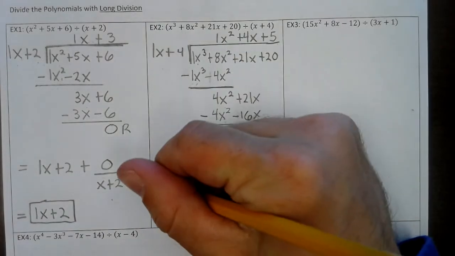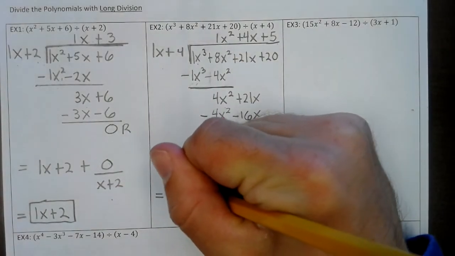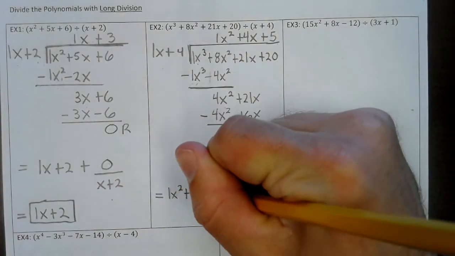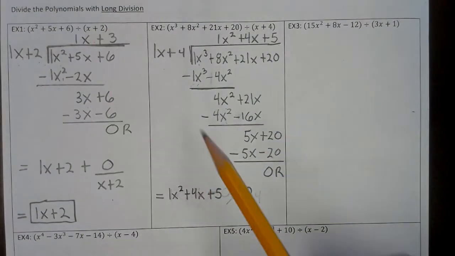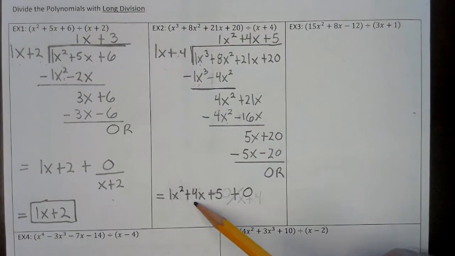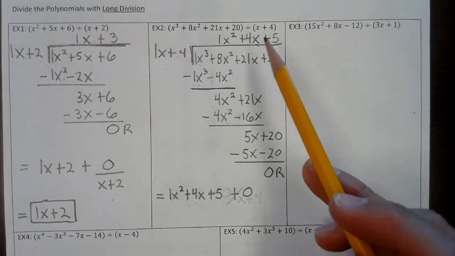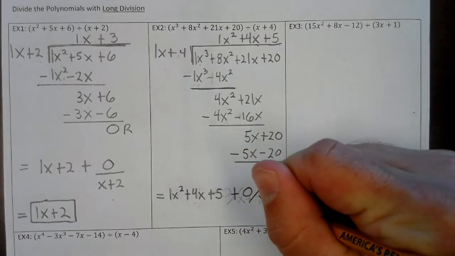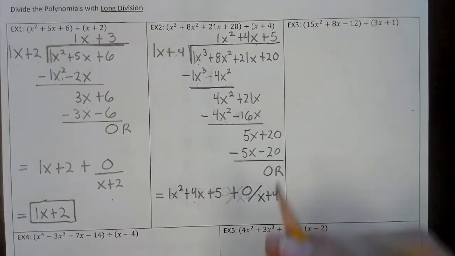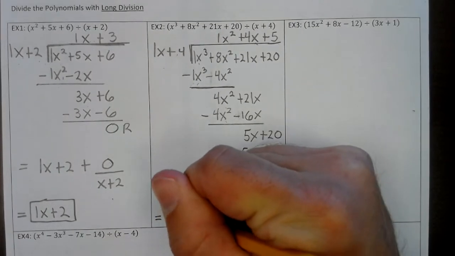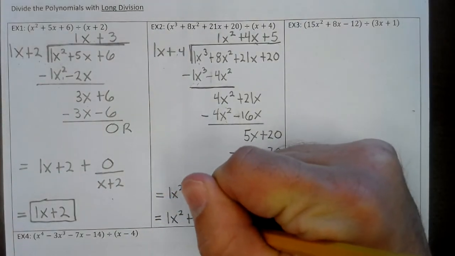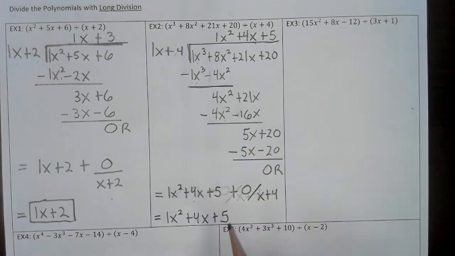It's actually 1x squared plus 4x plus 5 plus 0. Now, the mistake I made is I actually put this, and that's not what you got. It's actually here. Plus 0x plus 4. Now, that becomes 0. So then that's 1x squared plus 4x plus 5.